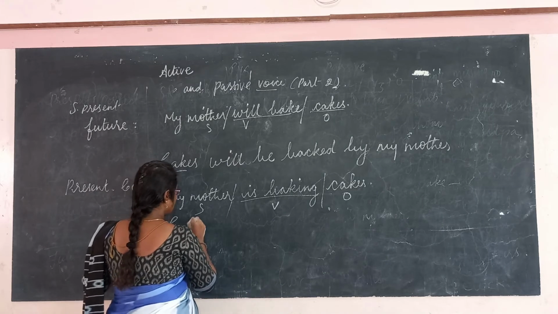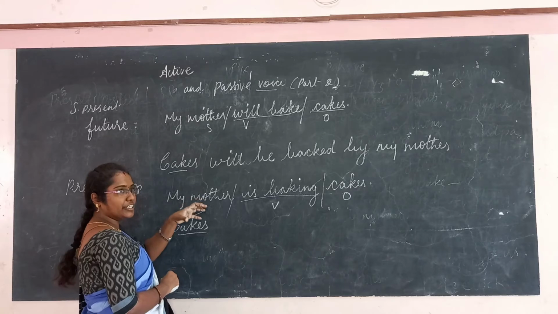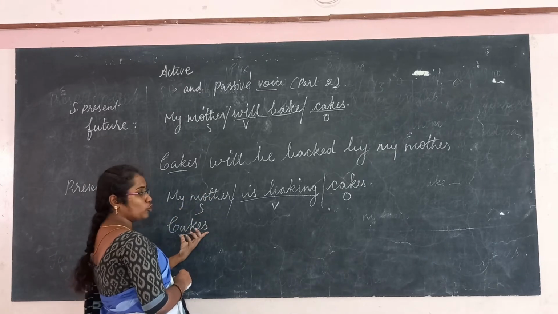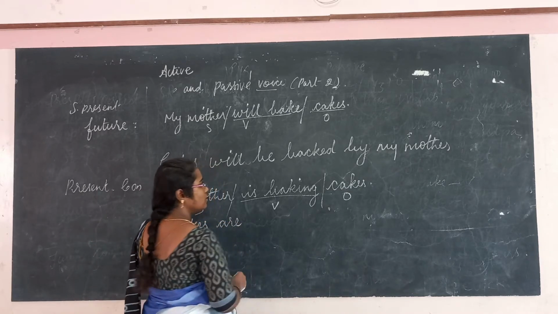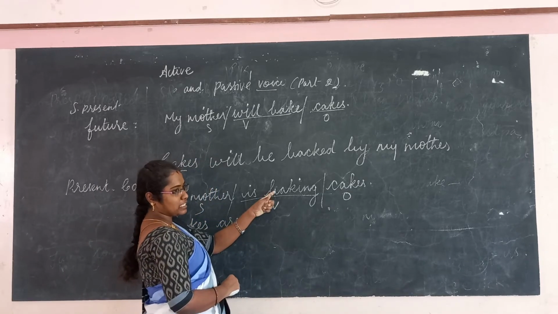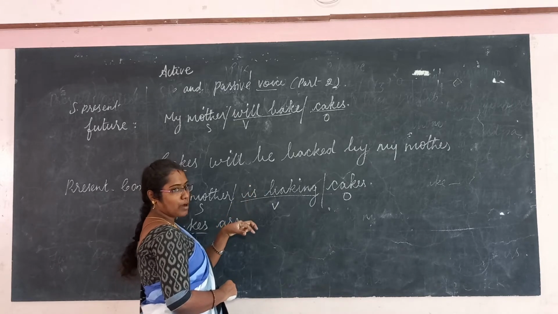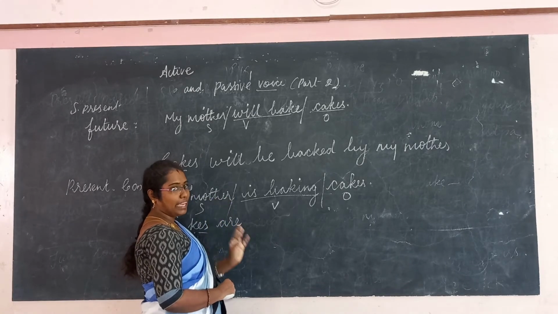Look at the sentence. Cakes, plural, and this is the present continuous tense. For the present tense, what is the be form verb for a plural? Are. Cakes are. This is the continuous tense. For the continuous tense, separately we have to add the be form verb, that is being. For a perfect tense, been.